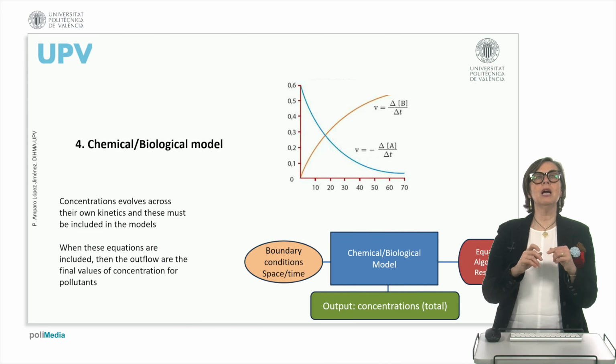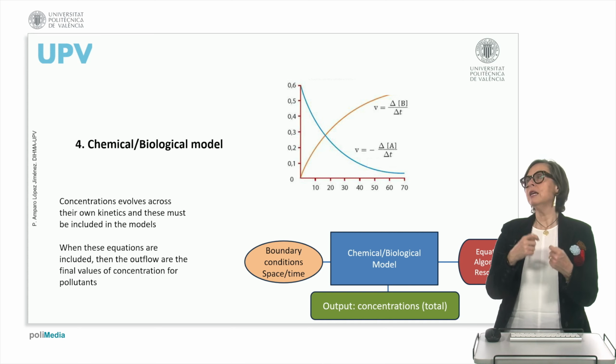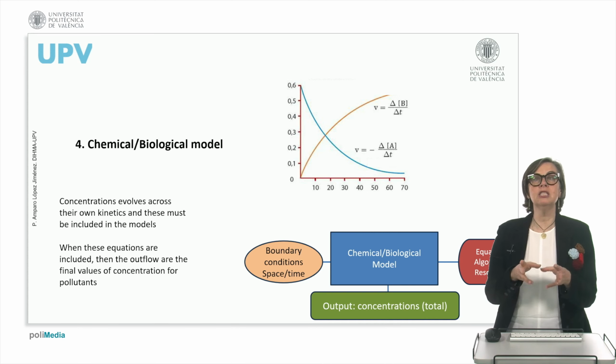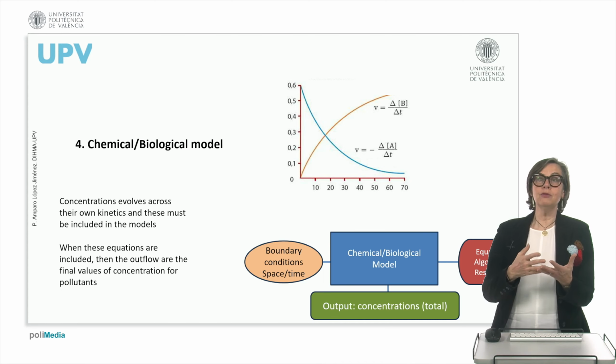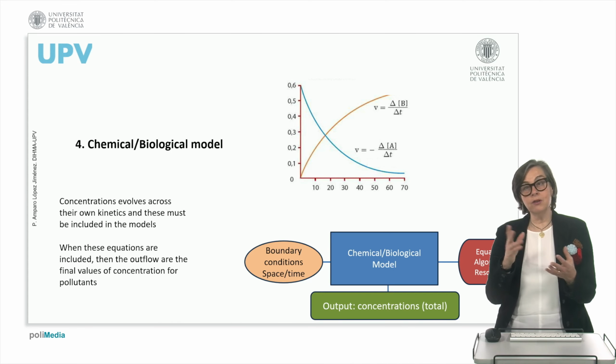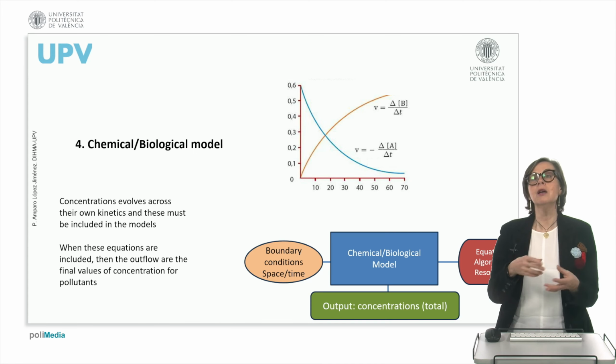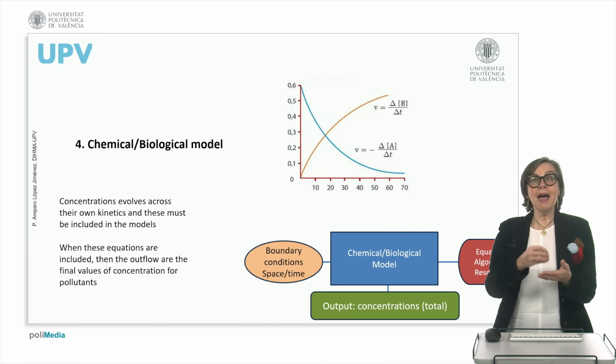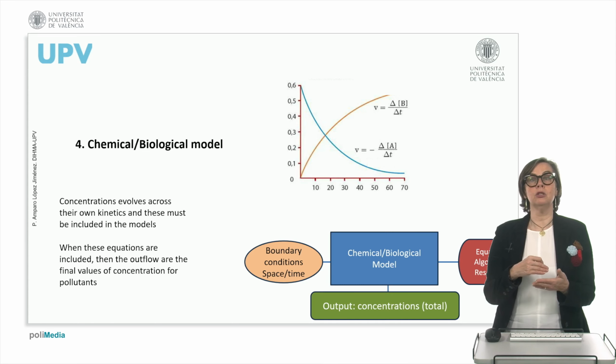But then we will have to interact with chemical or biological kinetics in terms of non-conservative pollutants. So we will have to know the kinetics of these pollutants, if they evolve in terms of chemical or biological or even other things, let's say nuclear aspects in the model, and then take again new concentrations.